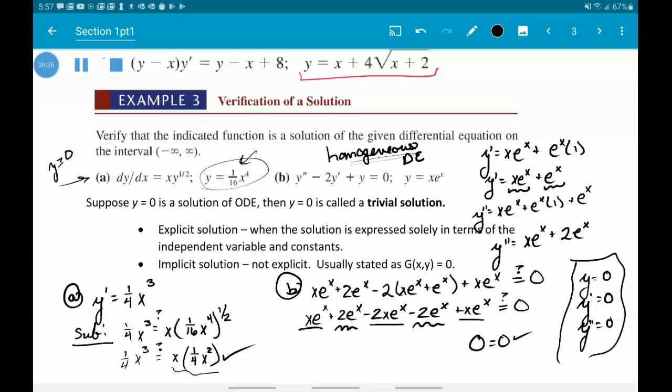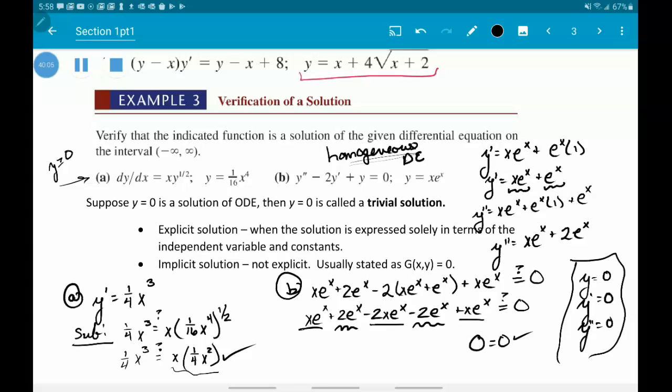But think about what's going on here. We have 1/16 x to the 4th as our y. So whatever goes in for x is always going to give a positive value because we are taking it to the 4th power. So even though there's that restriction on y, this solution is always going to be positive, and we always talk about domain in terms of x.